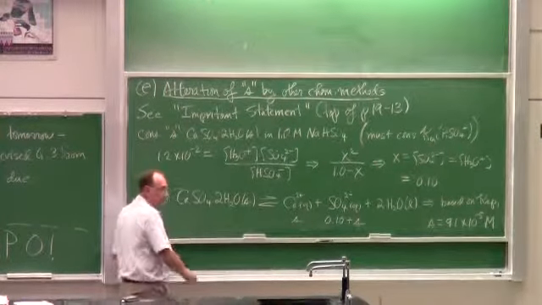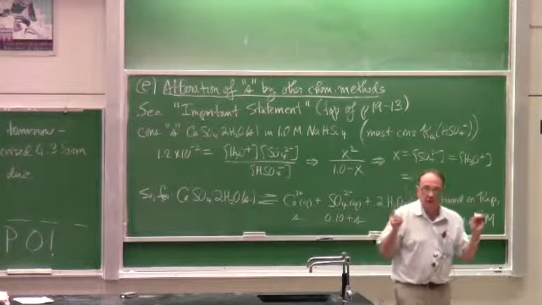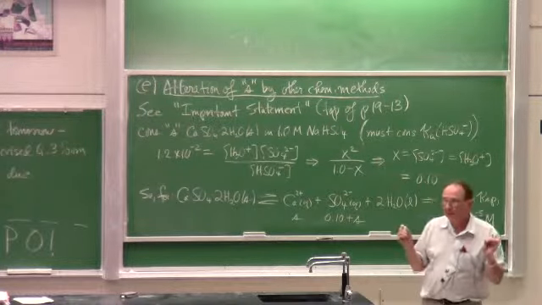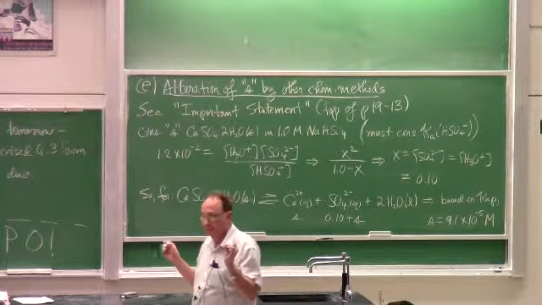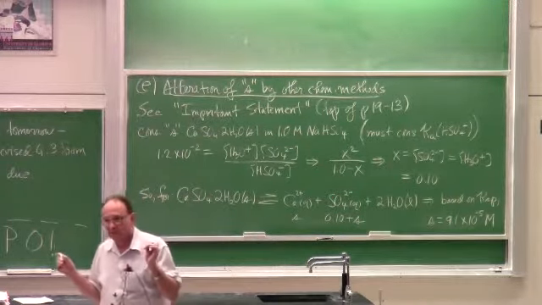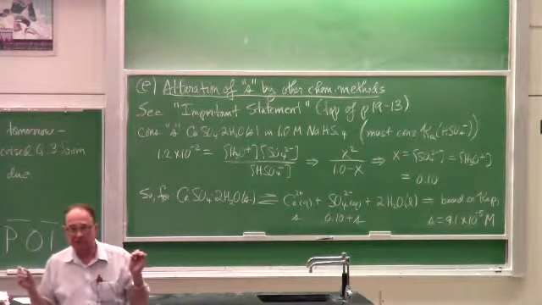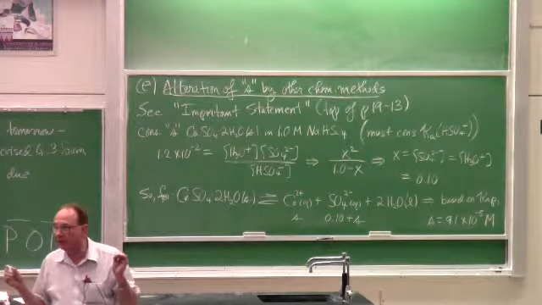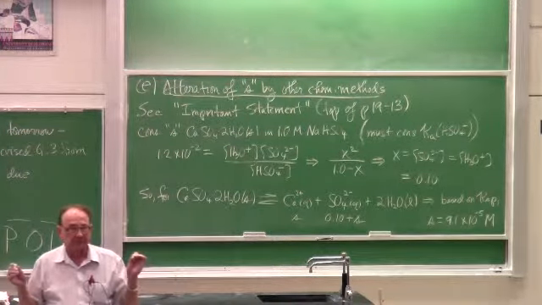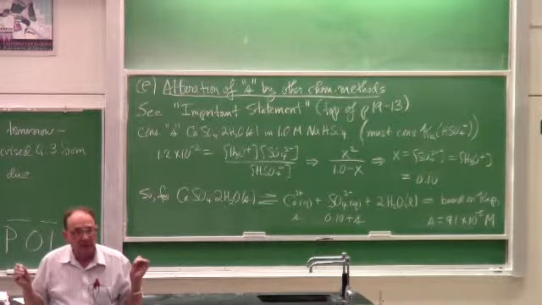For example, calcium carbonate dissolved in water versus calcium carbonate dissolved in ammonium chloride solution. In which of these systems, water or ammonium chloride solution, is calcium carbonate guaranteed to be more soluble? Ammonium chloride solution. Why?